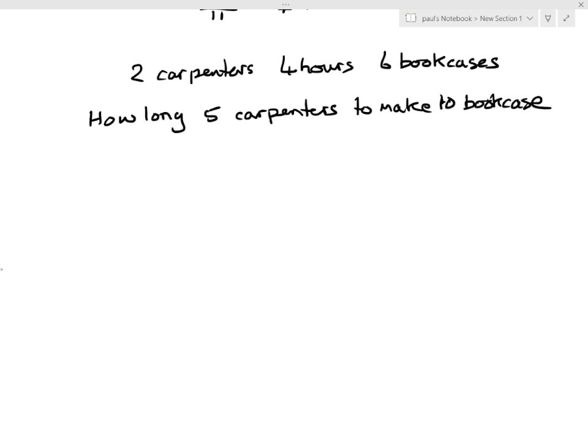Right. So what we need to do here is, as I did earlier, there's many ways to do this, but I always like to see how long it would take one person to make all this. So if it takes 2 people 4 hours to make 6, so it's going to be twice as long.